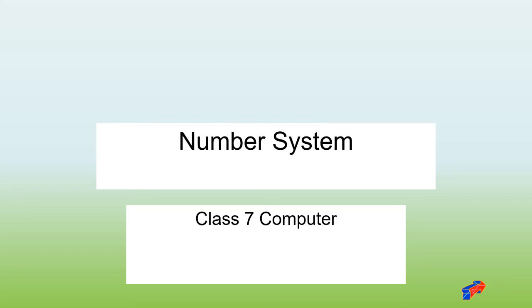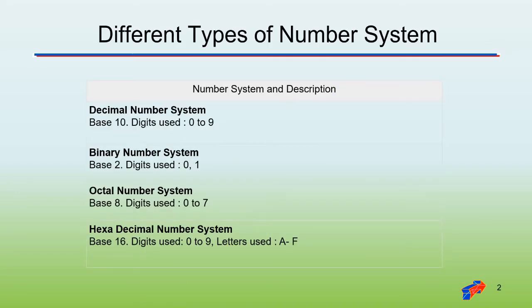We are going to familiarize with the names. First one, decimal number system. A decimal number system has digits starting from 0 to 9. It consists of 10 elements. Because of those 10 elements, the base of that number system is 10.